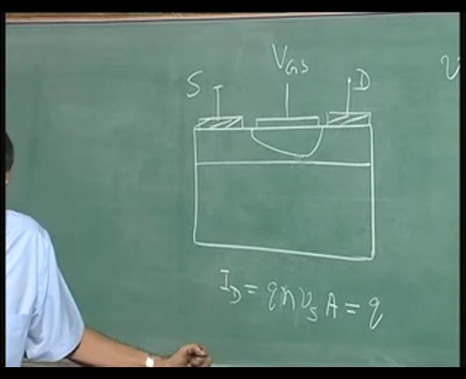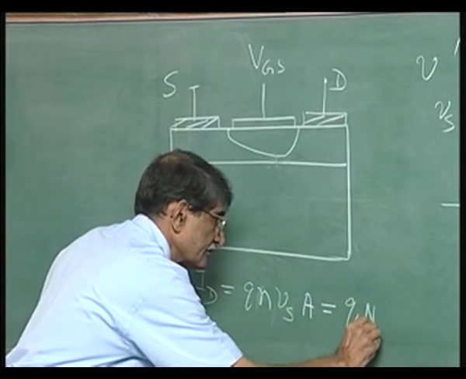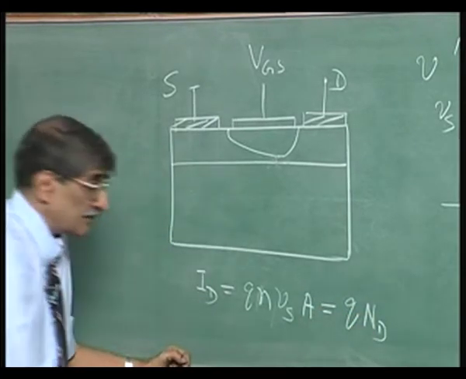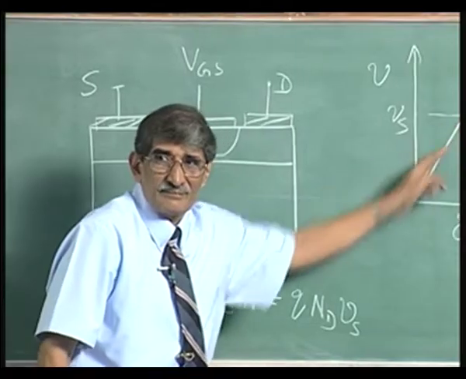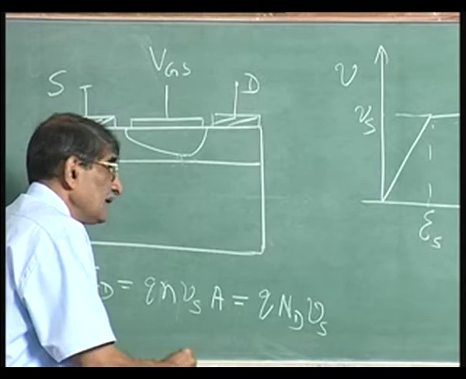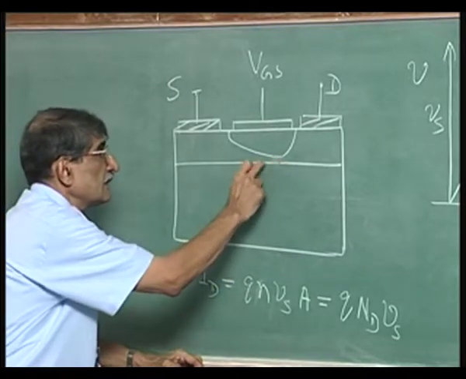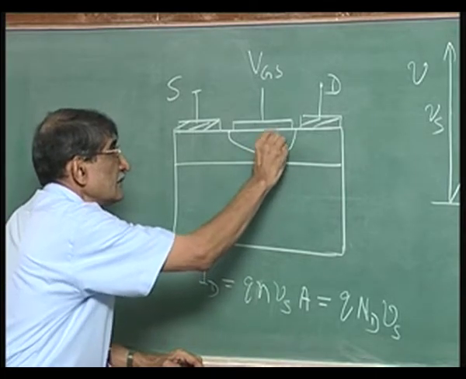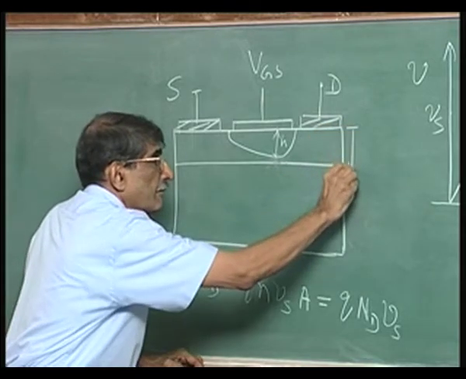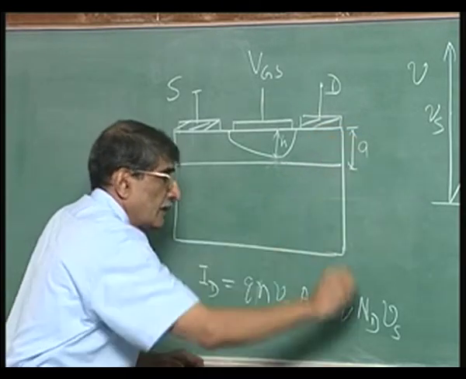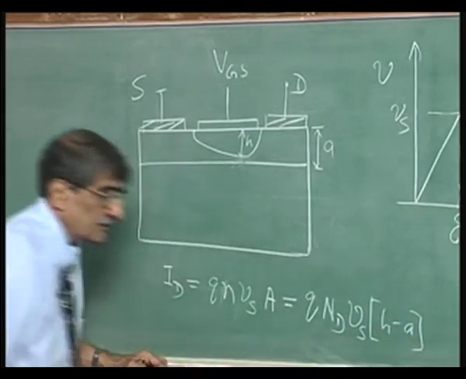Electron concentration, which is actually equal to the doping concentration. So, that is N d. Velocity saturation of course, which is mu n into E f s. We can write it afterwards if you like. Area, this height into W, and that height is actually equal to, this is h at the drain end and this is A. So, this is actually h minus A into W.